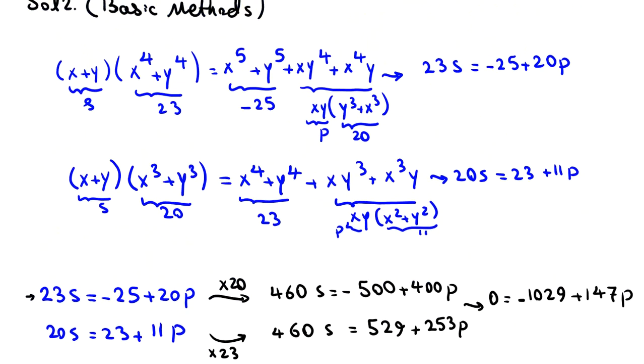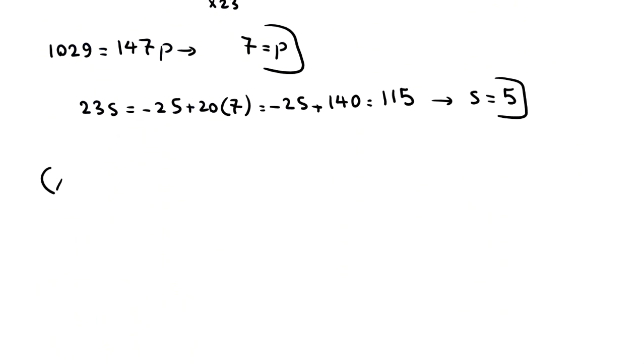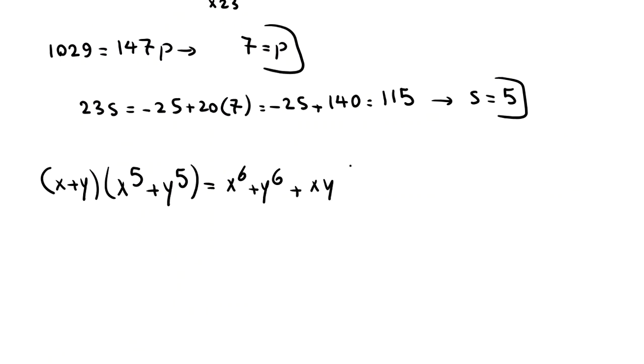Now, the problem says what? Find x to the 6 plus y to the 6. So if I do the same thing, I say, okay, x plus y times x to the 5 plus y to the 5 equals x to the 6 plus y to the 6 plus x y to the 5 plus x to the 5 y. And this part will be xy times y to the 4 plus x to the 4.